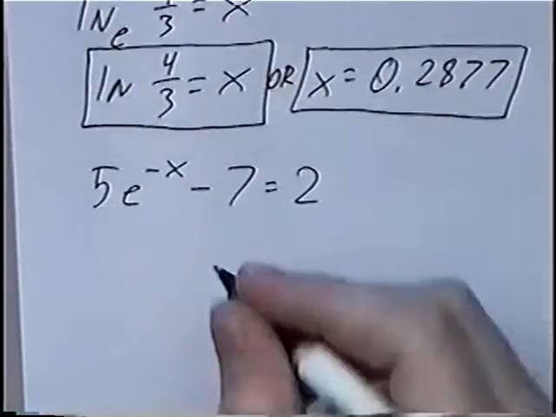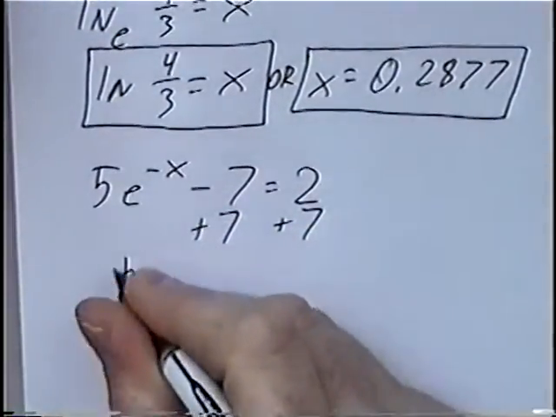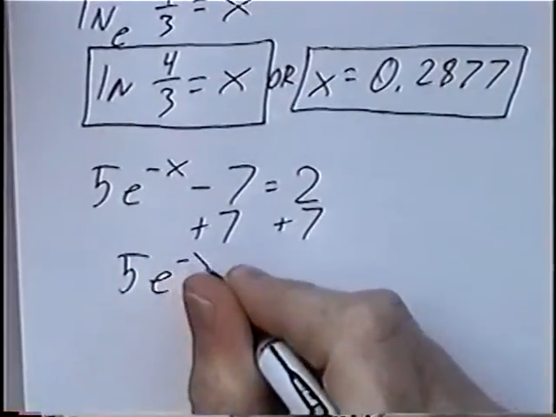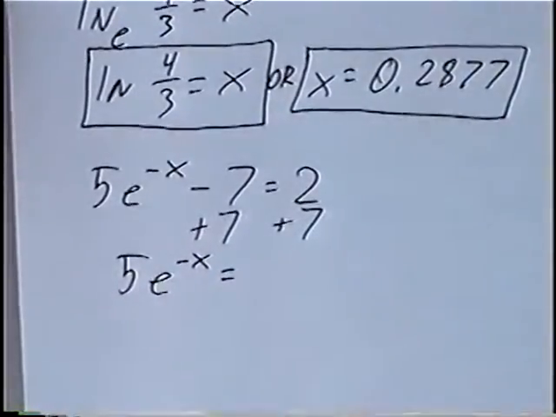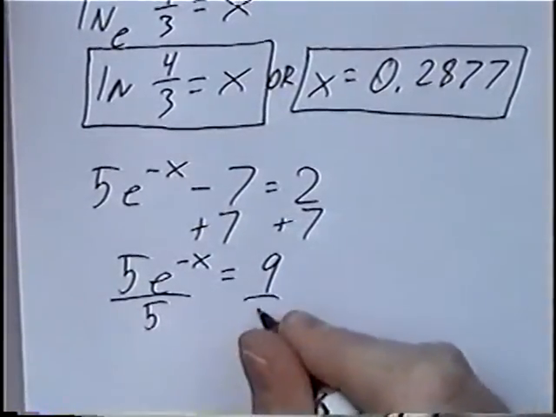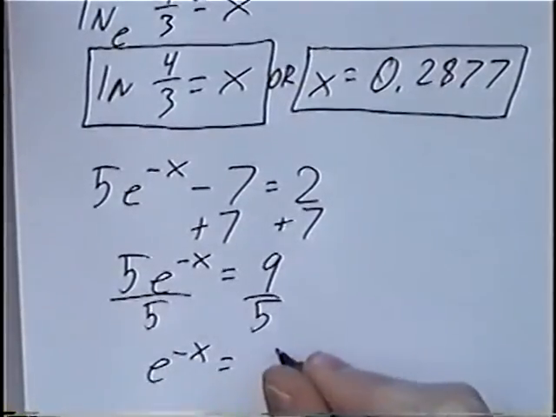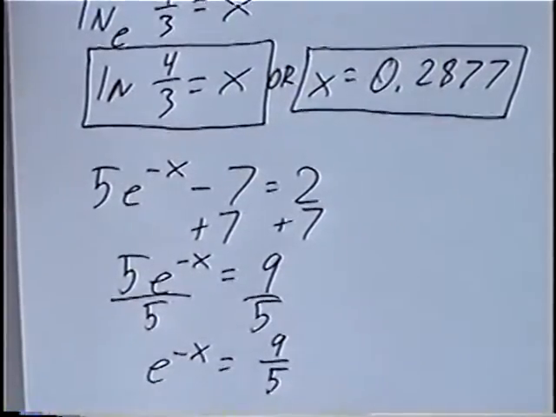First step to get x by itself, we can add 7 on both sides. So we'll have 5e to the negative x power equals 2 plus 7, which is 9. Dividing both sides by 5, we'll have e to the negative x power equals the fraction 9 over 5.